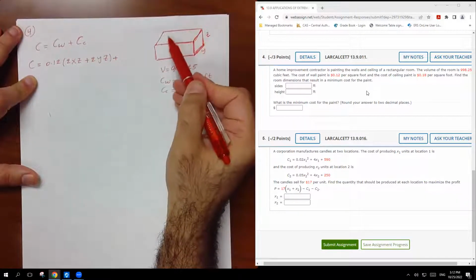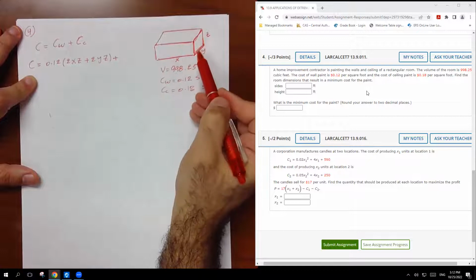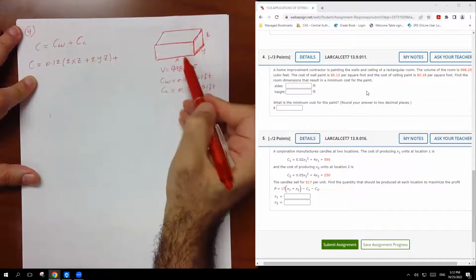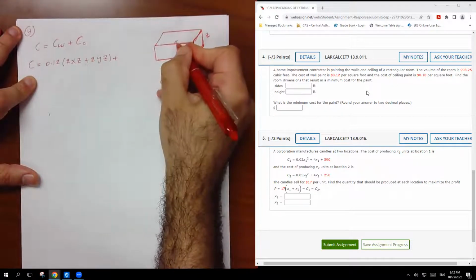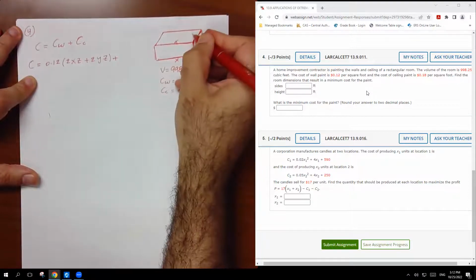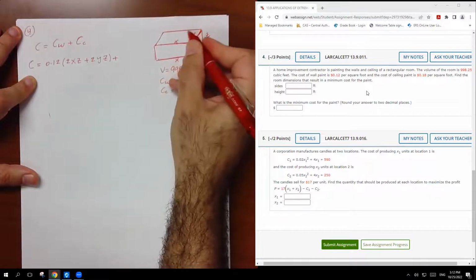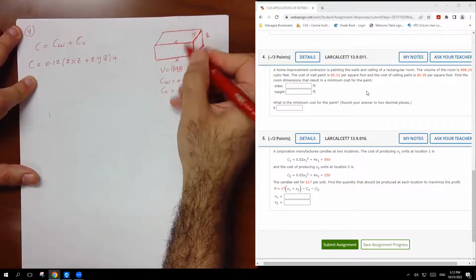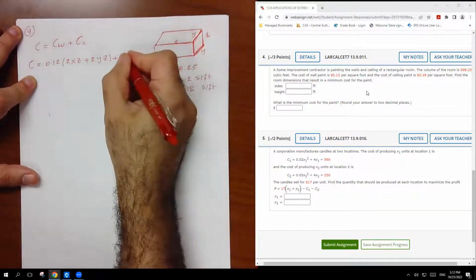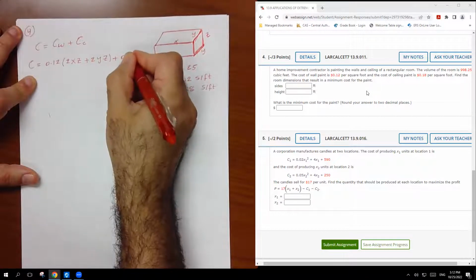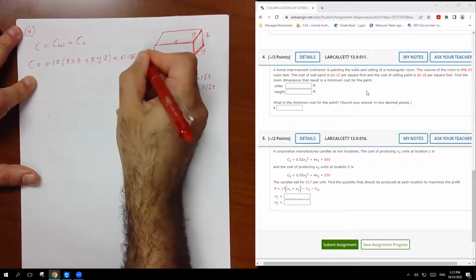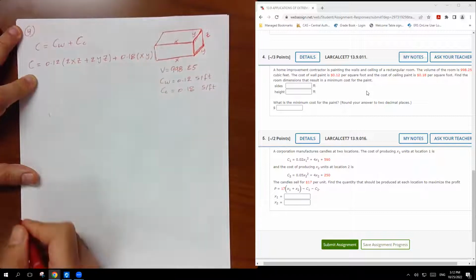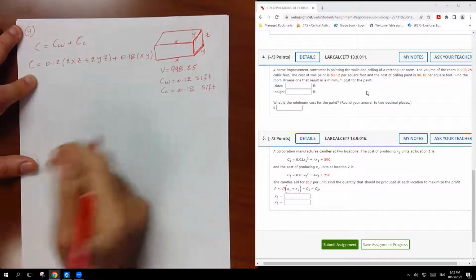The ceiling is similar to the floor, where this is X and the width is Y. So we're just going to find the ceiling, not the floor. I'm not going to say 2 times xy. I'm just going to say 0.18 times the ceiling, which is xy, because we're not going to paint the floor.